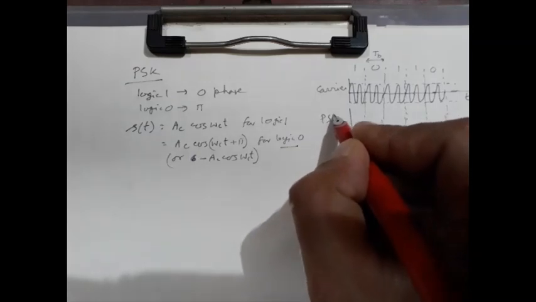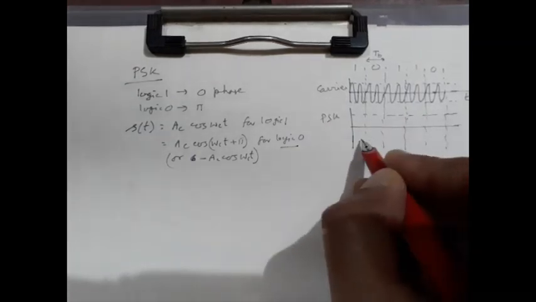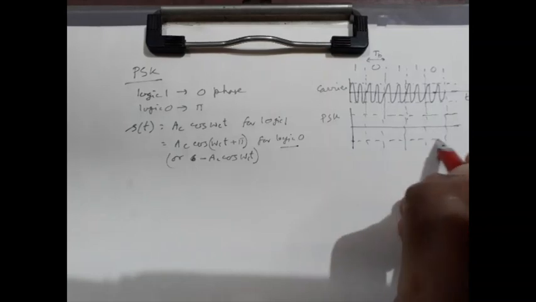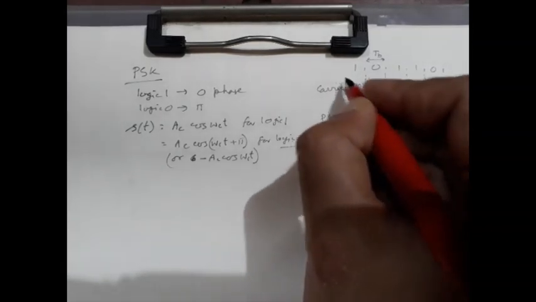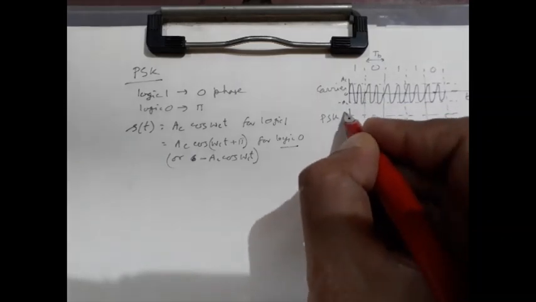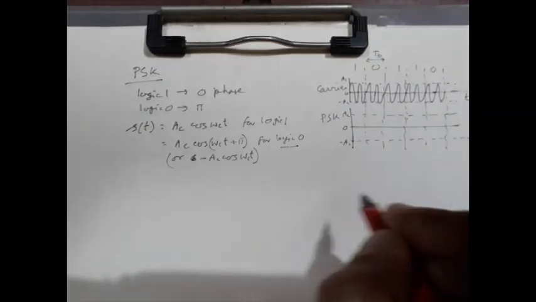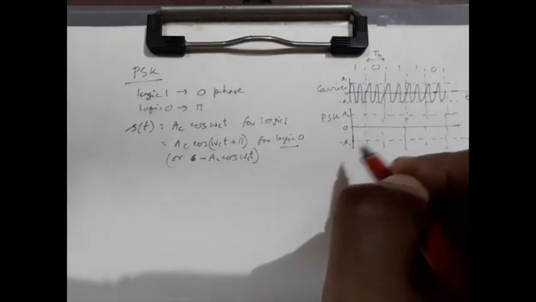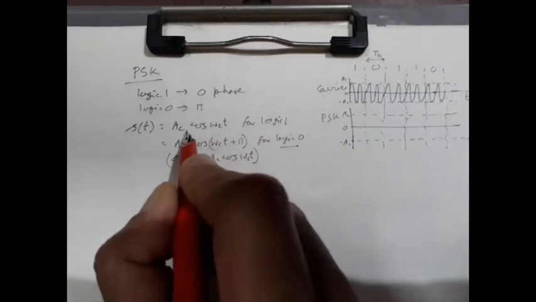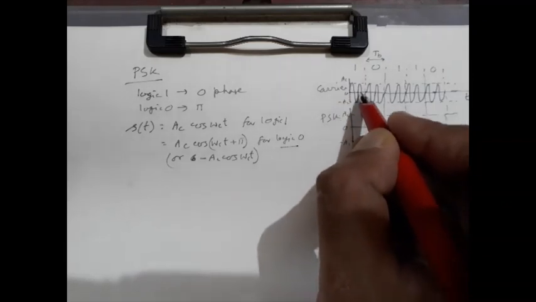Now the PSK signal. For the PSK signal, the amplitude will remain the same. So this one is AC, this one is minus AC, this one is 0. The first bit is 1. 1 is represented by AC cos omega ct, though we have drawn it as sin omega ct, same thing.